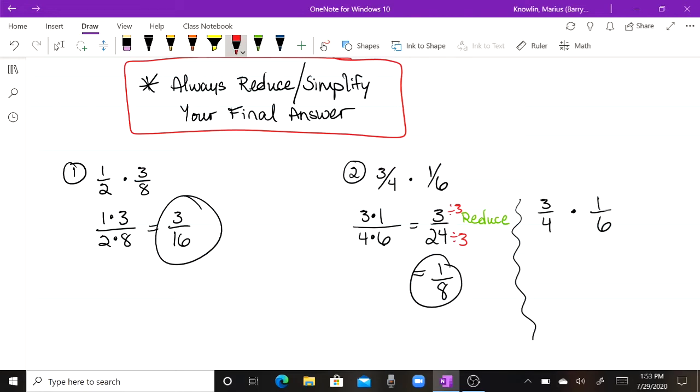So if I look, I have 3 and 6. I know that both of those can be reduced by a factor of 3. So I'm going to divide both of those by 3. Now I rewrite the new fractions. 3 divided by 3 is 1, so that becomes 1/4, times 6 divided by 3 is 2, so this becomes 1/2. Now I just do 1/4 times 1/2, which equals 1/8, and I'm done.